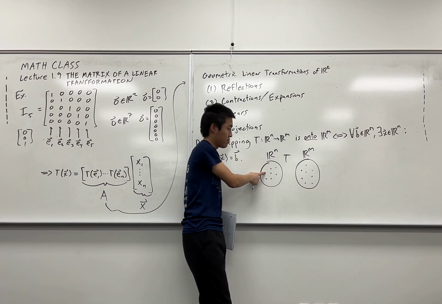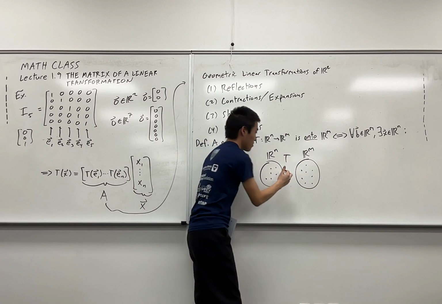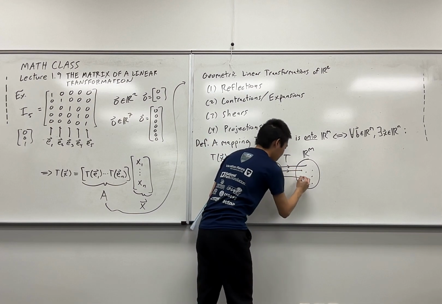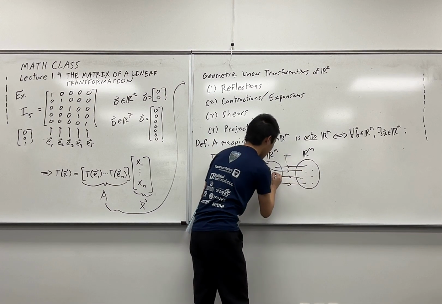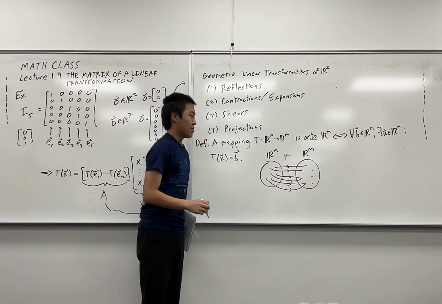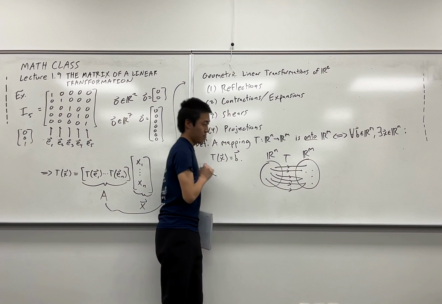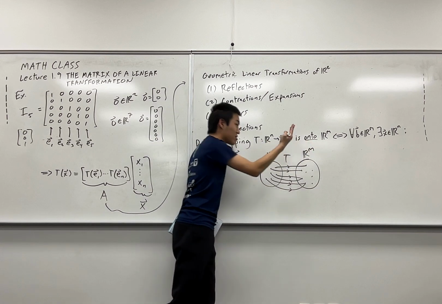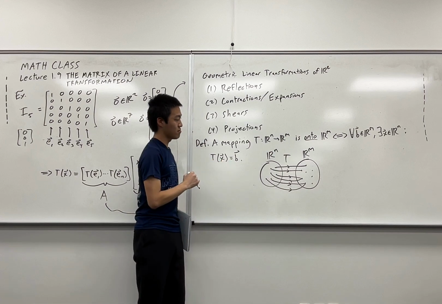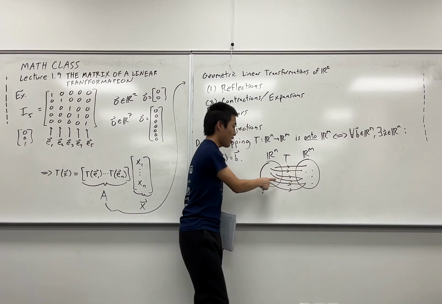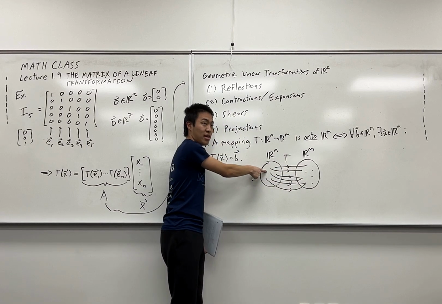It has to. Every single one of these needs to be accounted for. So say I relate it like this, and I account for almost all of them, but I don't account for all of them. Is this onto? And then think about just the intuitive notion in the English language, like to be onto something. No, it's not. Why? Because I can find vectors in Rm that do not have a counterpart in the domain.